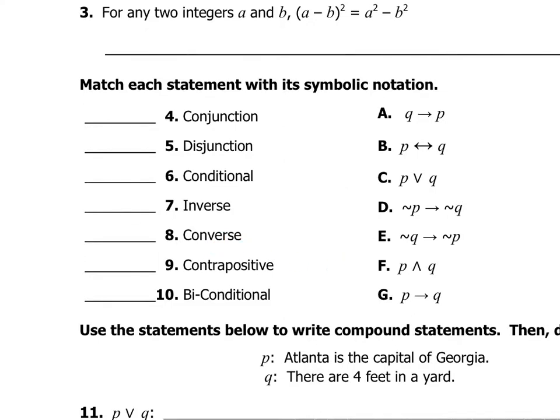Okay, this one means if P or if Q, then P. This one would say P if and only if Q. C says P or Q. D says not P, or if not P, then not Q. Letter E says if not Q, then not P. Letter F is P and Q. And letter G is if P, then Q.